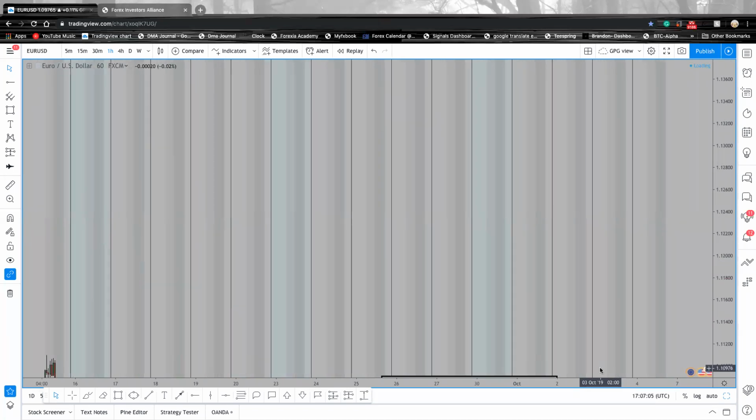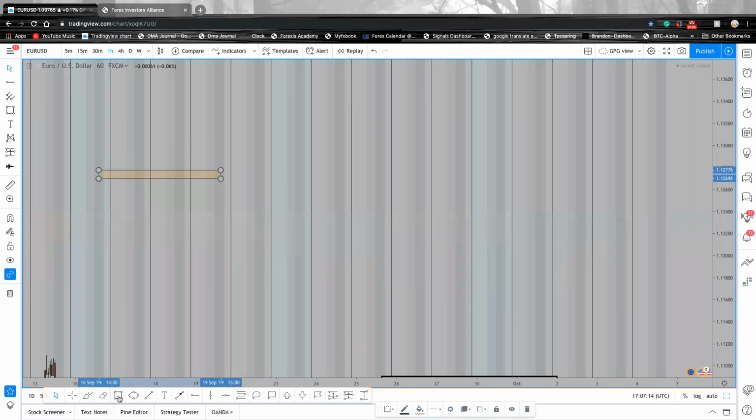Before I go to the chart, like always, let's draw some stuff. This is a zone, and this is also a zone. We look for three of them. Sometimes they're in exactly the same place. Most of the time, they are in different places.